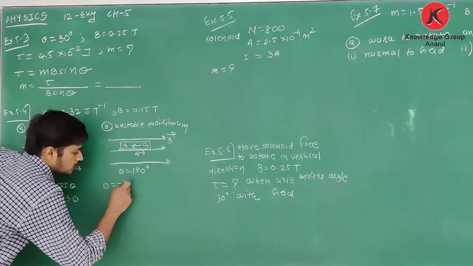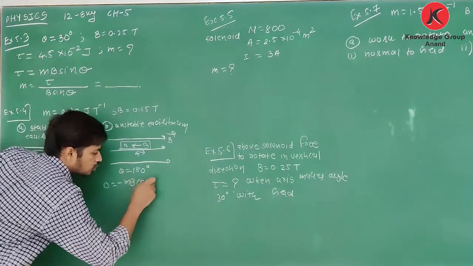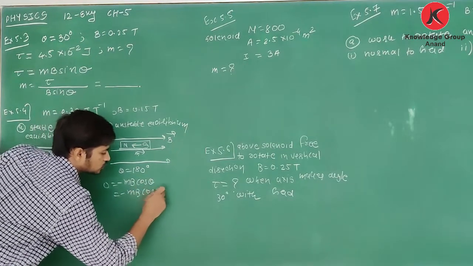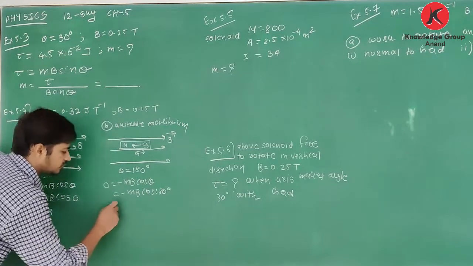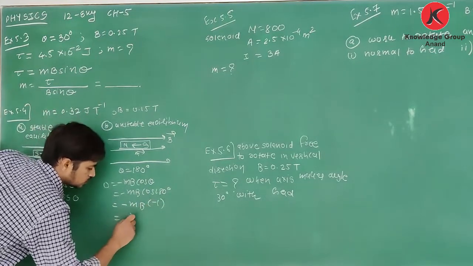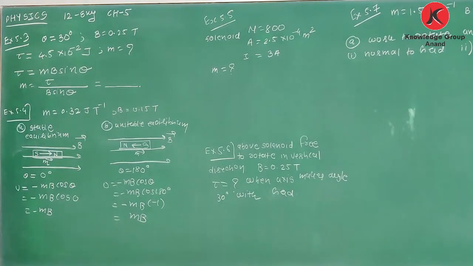U is equal to minus mB cos theta, equal to minus mB cos 180. Cos 180 means minus 1. So it is minus mB times minus 1, which is mB. You know the value of m, you know the value of B. Clear about this? Okay, two simple questions.